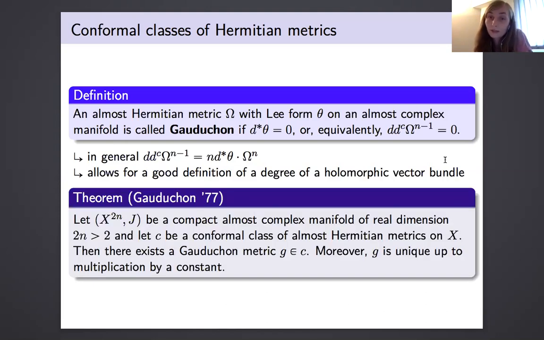And another reason why these are very important is because of the famous result of Gauduchon, which shows that if the manifold has real dimension bigger than 2 and is compact, then any conformal class of almost Hermitian metrics has a unique Gauduchon metric in this conformal class, well, unique up to multiplying by a positive constant.